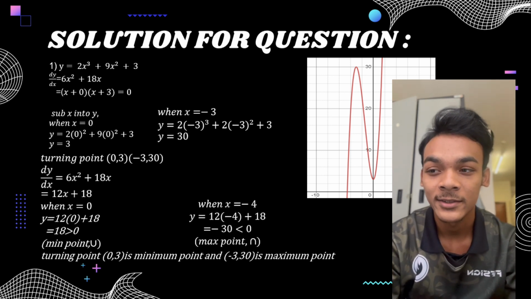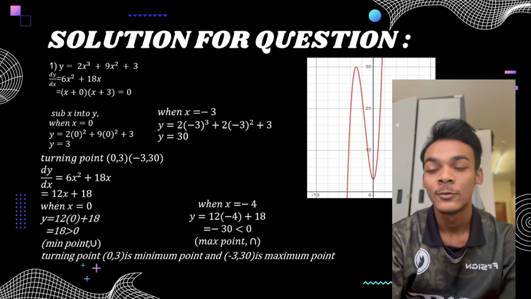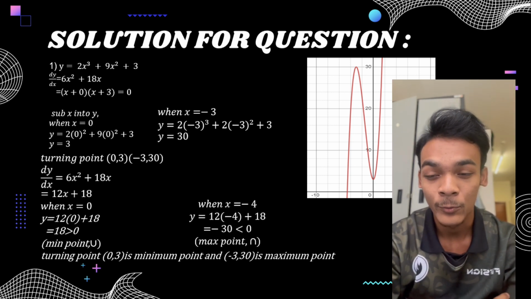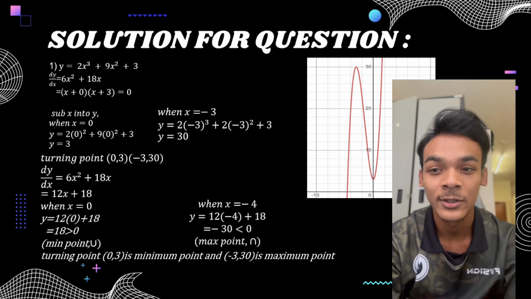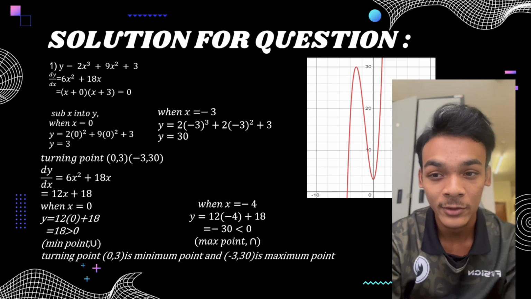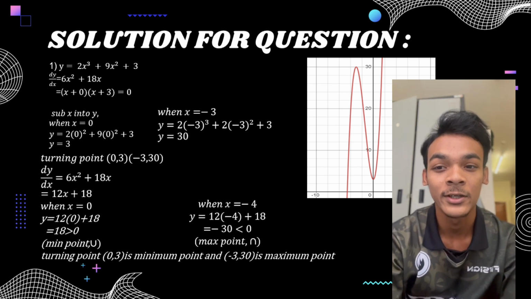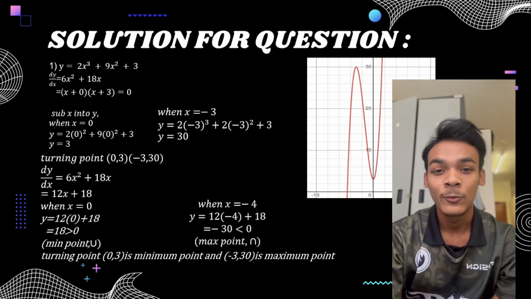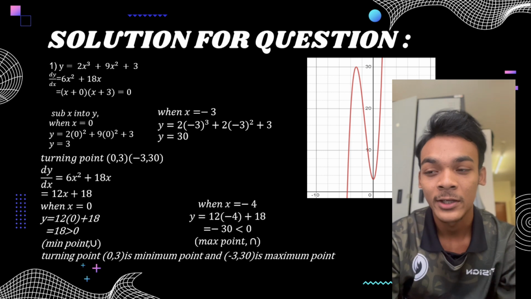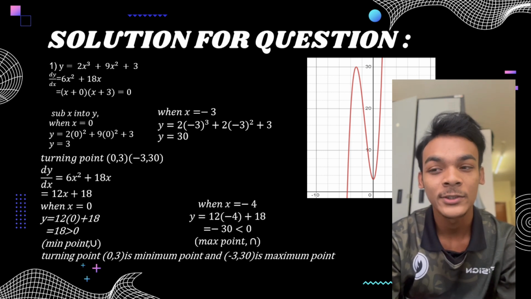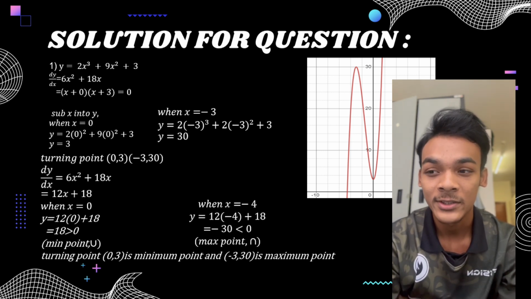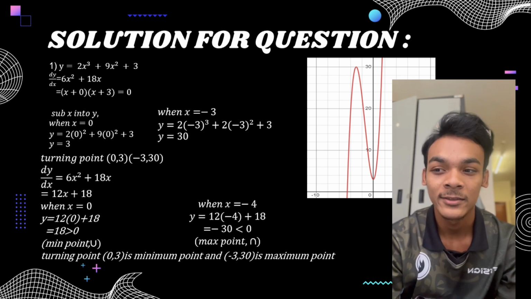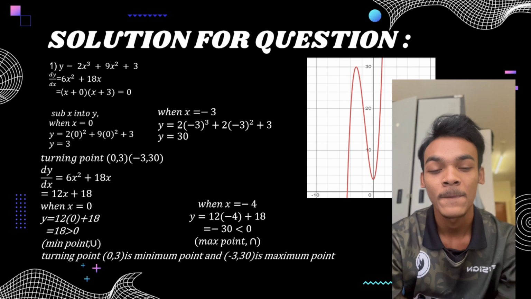When x equals 0, we get 18, and when x equals -4, we get -13. When the value is 18, which is bigger than 0, it is a minimum point.